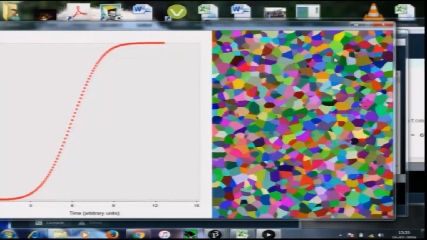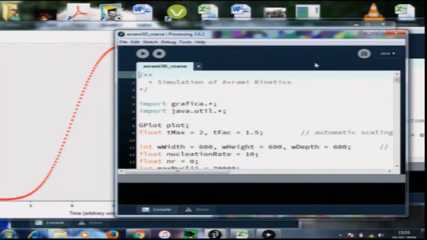Now, let me look at another example where the nucleation rate would be reduced significantly and the growth rate would be increased.